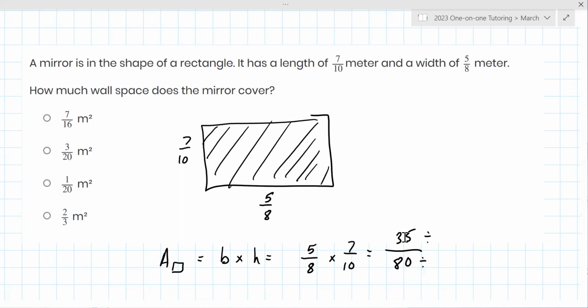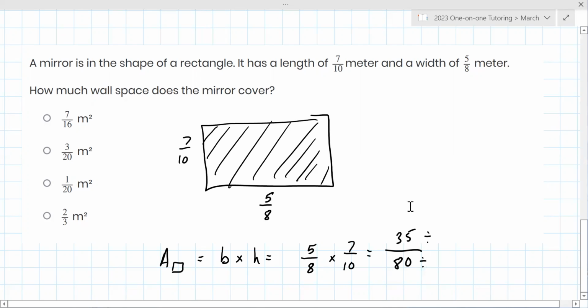I believe so. So 35 is odd, right? 35 is odd. That does not work with 2. So it's got to work in both. So it doesn't work for 35. Can it work for 5 or no? Yes, 5 works in both. Let's try that. So I want you to divide both of those by 5, please.